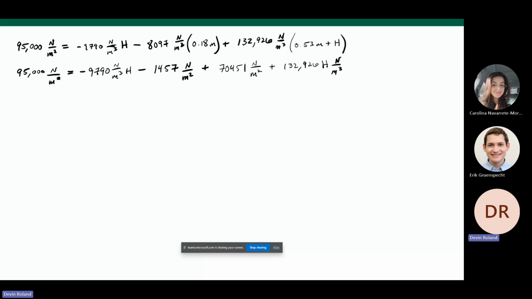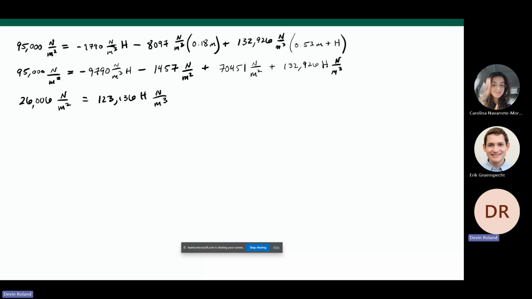So now we can combine these together. If we move our constant terms to the left-hand side and keep our H terms on the right-hand side, then we can say that 95,000 plus 1,457 minus 70,451 is 26,006 Newton per meter squared, and that's equal to 132,926H minus 9,790H, which is 123,136H Newton per meter cubed.